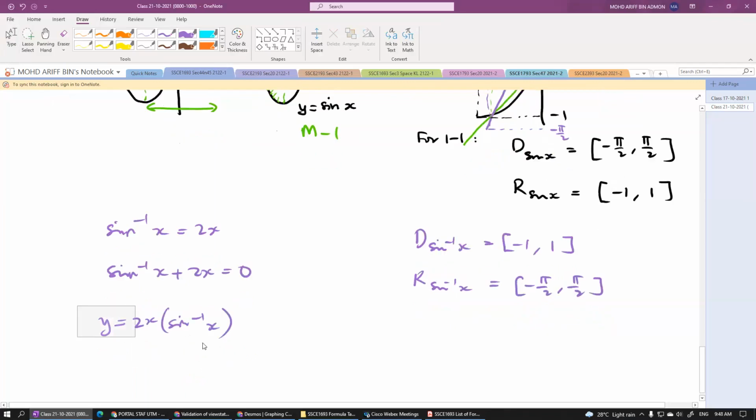When we solve this one, don't worry, you will never have to solve this one. If you want to get the graph, you just use Desmos. But what I want to say here is that this is just a function.